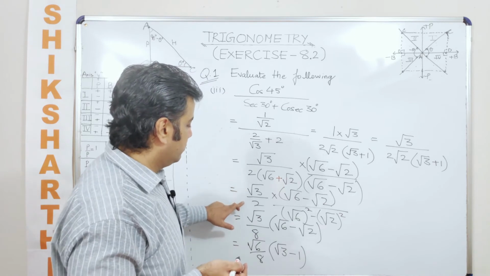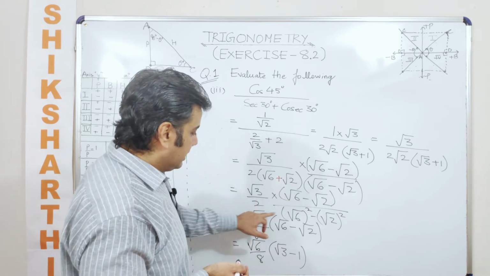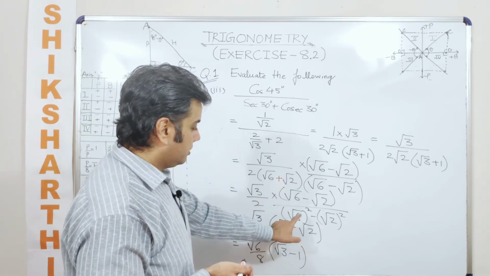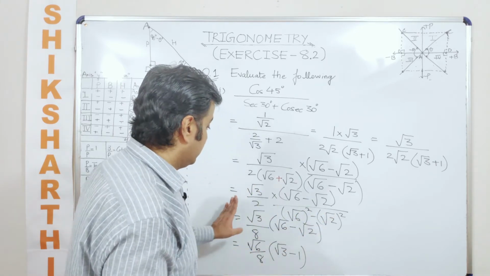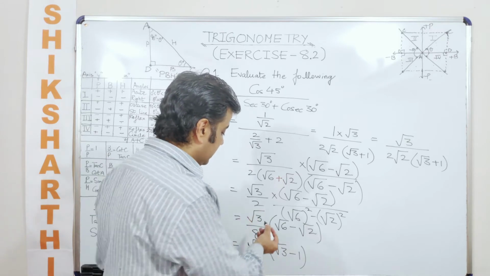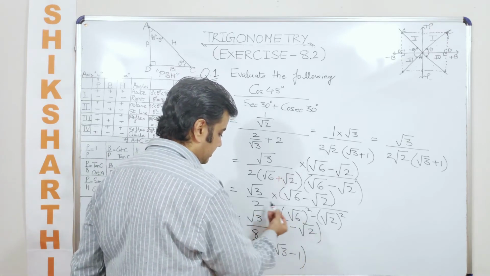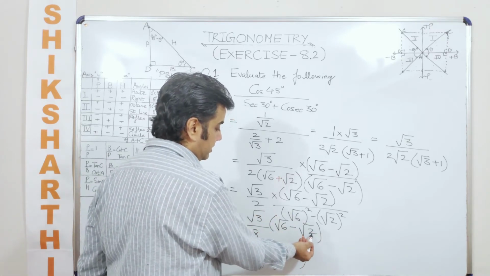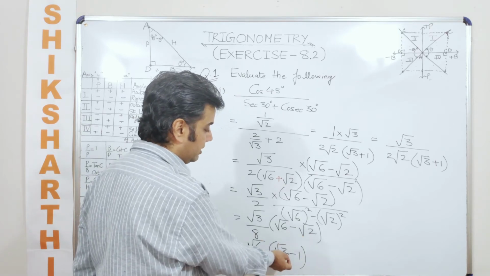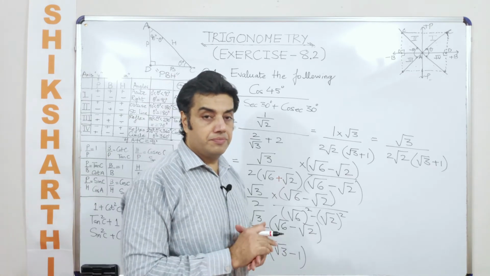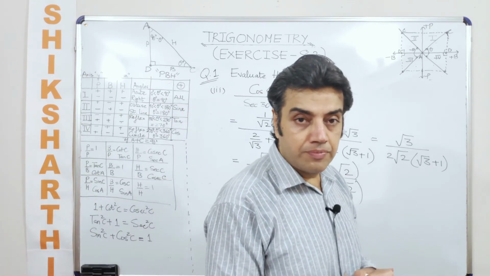We are getting root 3 by 2 into this. Then this expression root 6 whole square minus root 2 whole square can be written as 6 minus 2, which is 4. Now 4 into 2 is 8. So either I leave the answer as it is like this, or what I can do after this is I can take root 2 as common. So in that case, if I take root 2 as common, this can be further written like this.